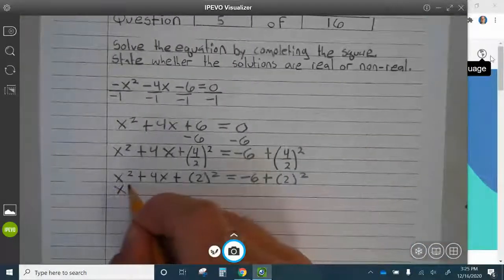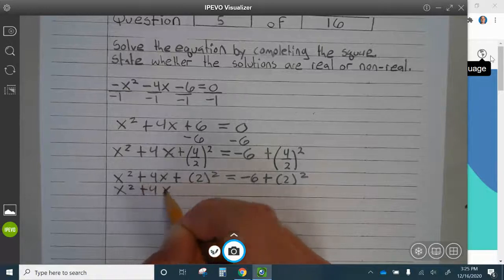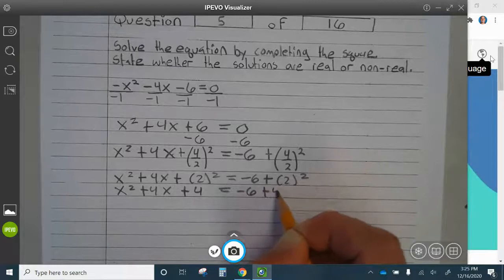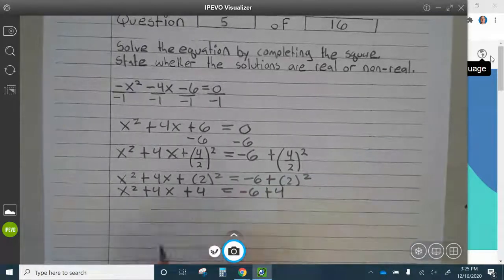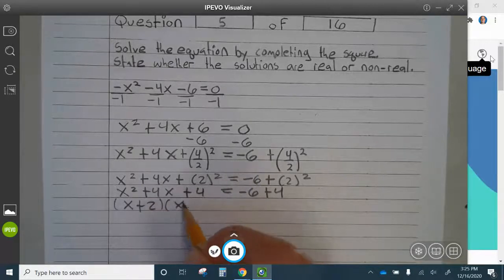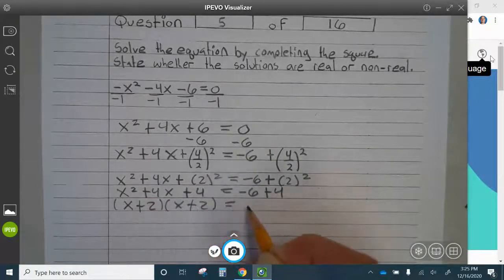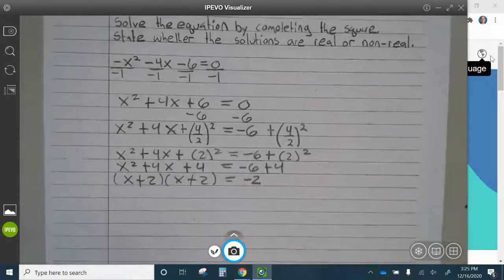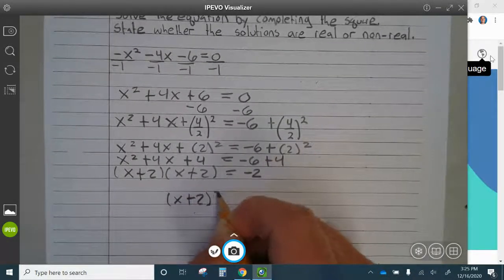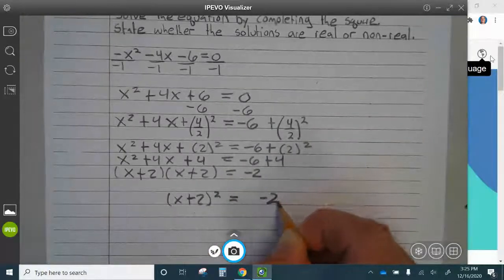So then that's x squared plus 4x plus 4 equals -6 plus 4. Well, this one's easy. We already did this one. X plus 2 squared equals -2.